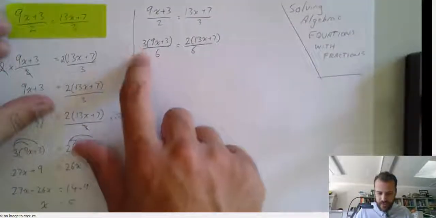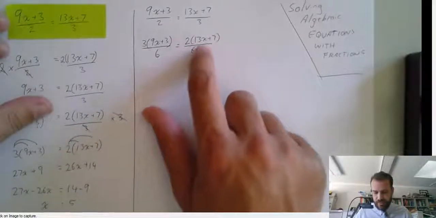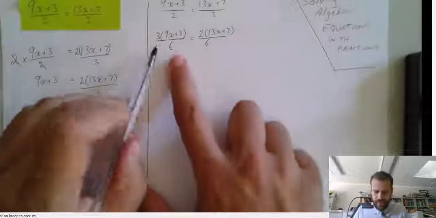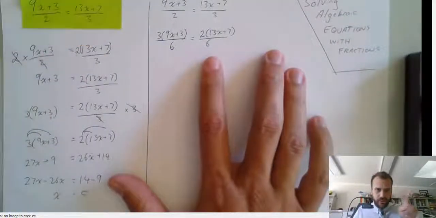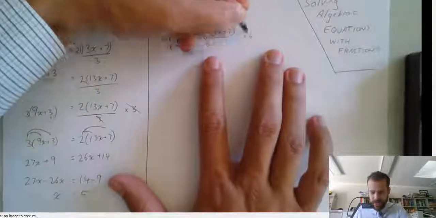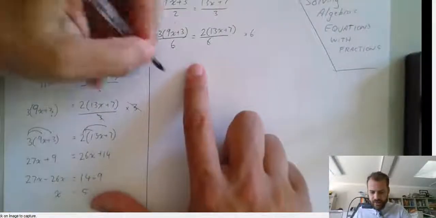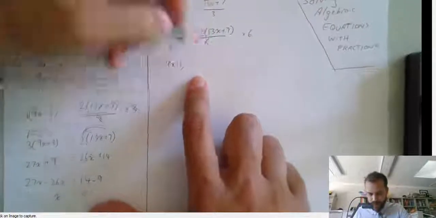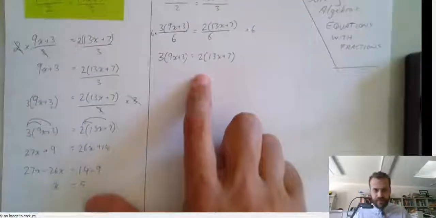So, 3 bracket 9x plus 3 on 6 equals 2 bracket 13x plus 7 on 6. Now from here, I've got this divided by 6 equals this divided by 6. If I multiply both sides by 6, then those 6's are going to cancel out, and I'm going to end up with 3 bracket 9x plus 3 equals 2 bracket 13x plus 7.